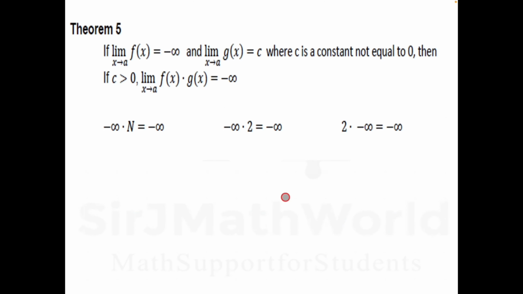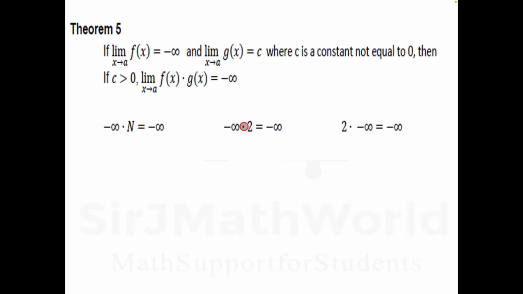Number 5 is, if your c is greater than 0 and your g of x is equal to negative infinity. So, yung infinity naman natin ay negative. So, magkakaroon tayo ng negative times n is equal to negative.